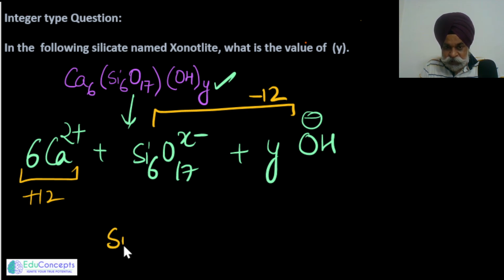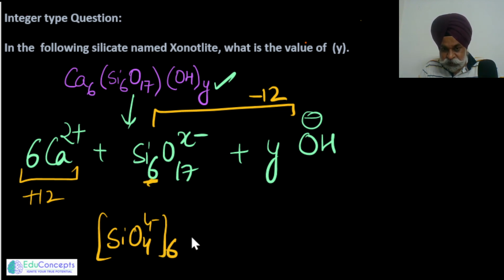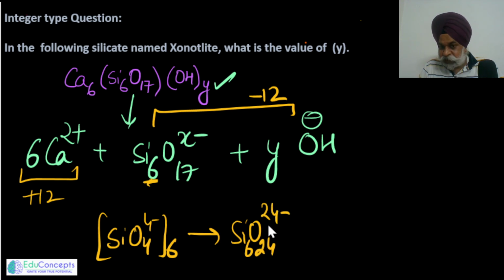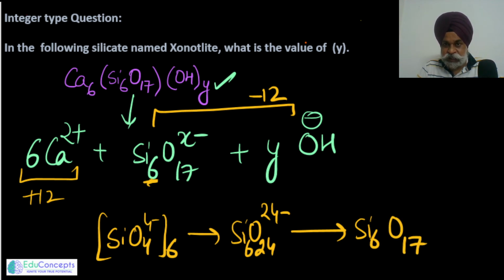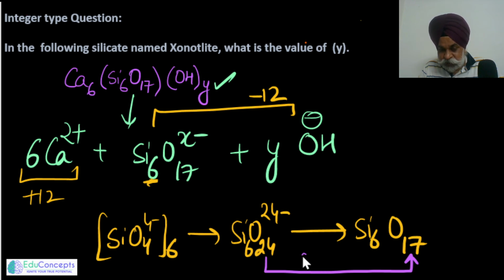You can simply adopt that formula: how many silicons have they shown? 6. So you have 6 such tetrahedrons, and as a result you should have this type of a thing. But in actual, how many oxygens do I have? 17 oxygens. 17 oxygen means that I went from this side to this side with the loss of oxygen atoms by a factor of 7.